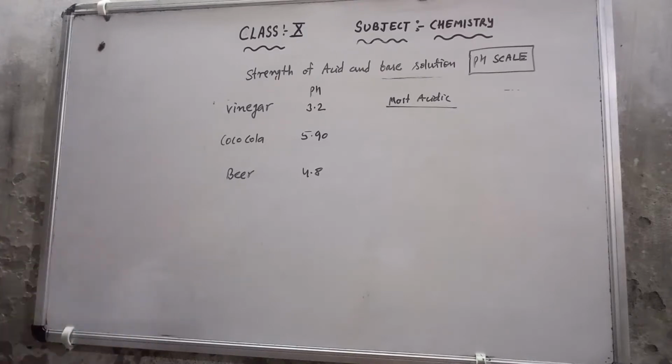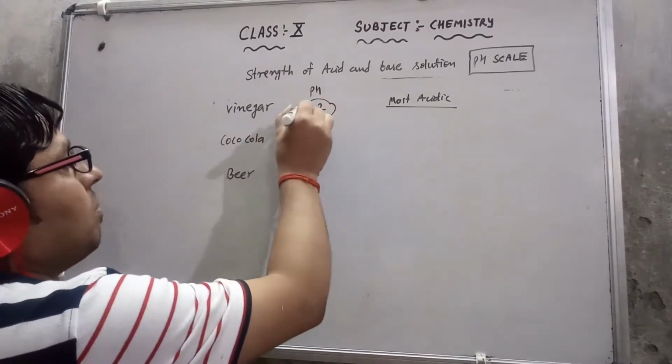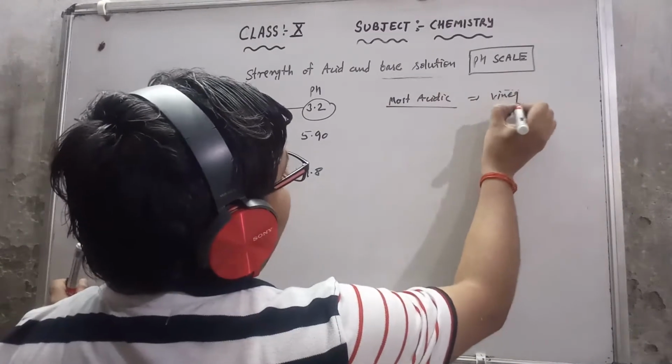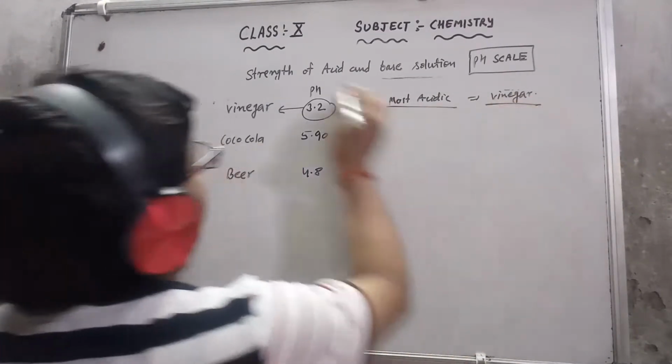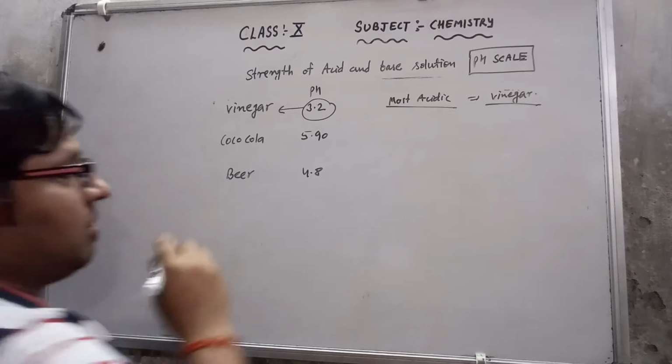So from here, which one has the minimum pH value? This is 3.2. So the most acidic here is vinegar, because it has the minimum pH value of the given solutions.